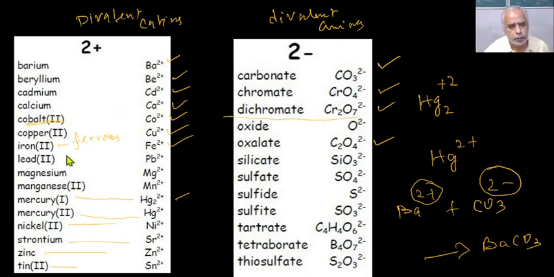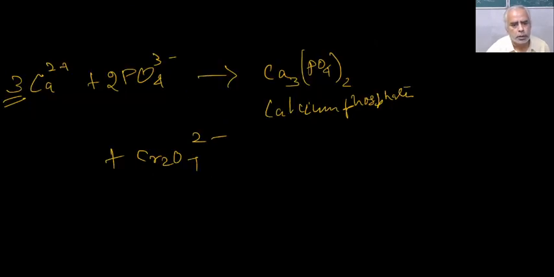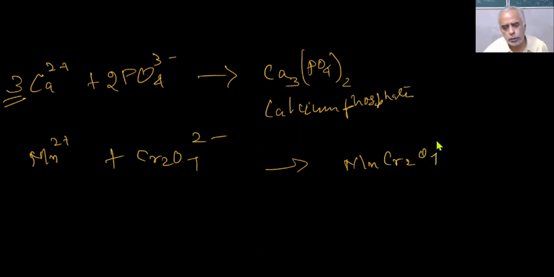Let us combine it with any compound, for example manganese, Mn2 plus. Now what will be the formula? This is 2 plus, this is 2 minus. So straight away you can combine. So MnCr2O7, that's all.